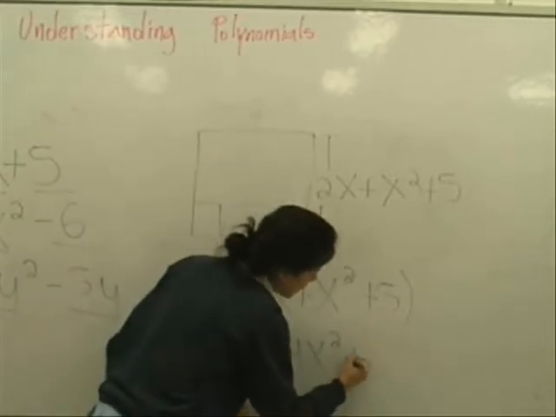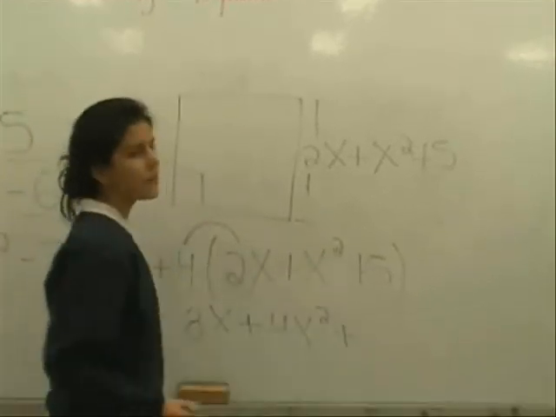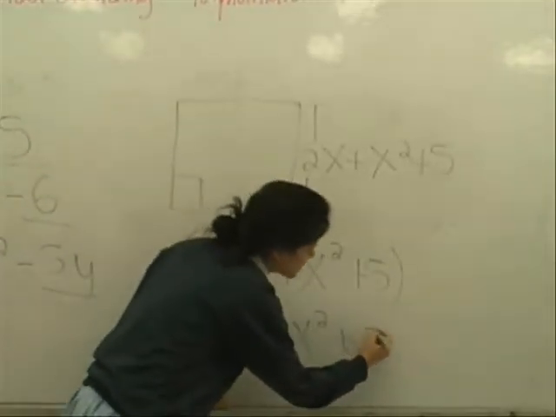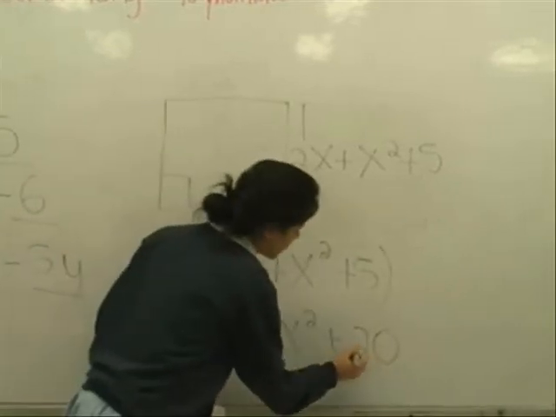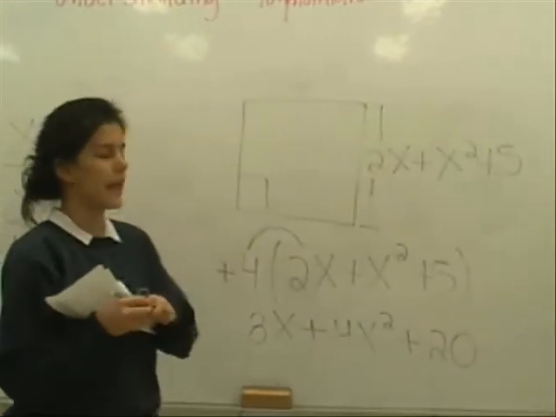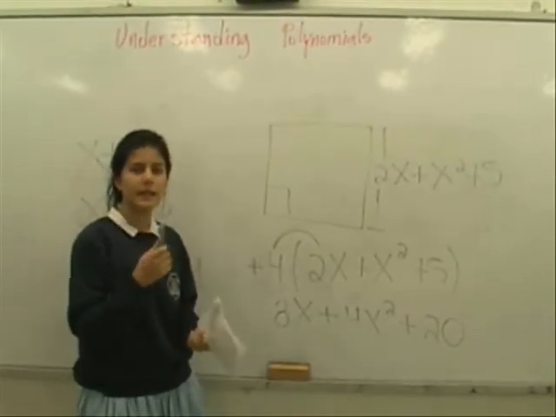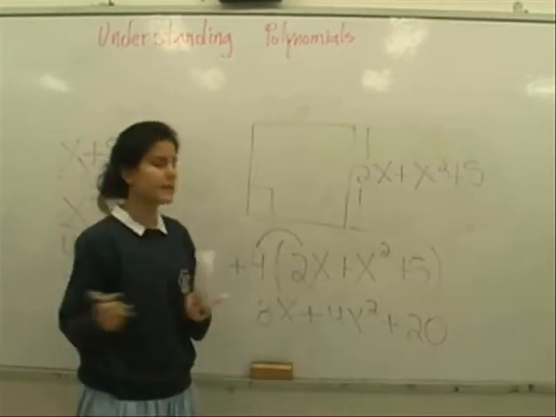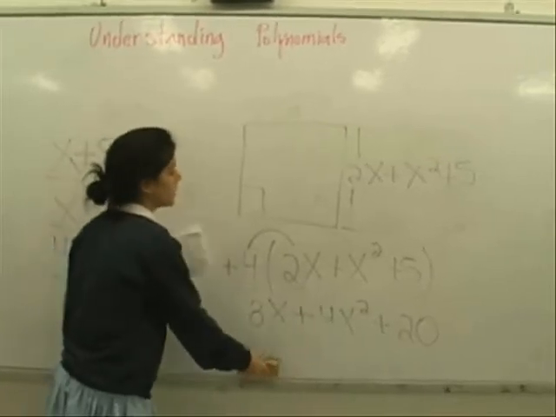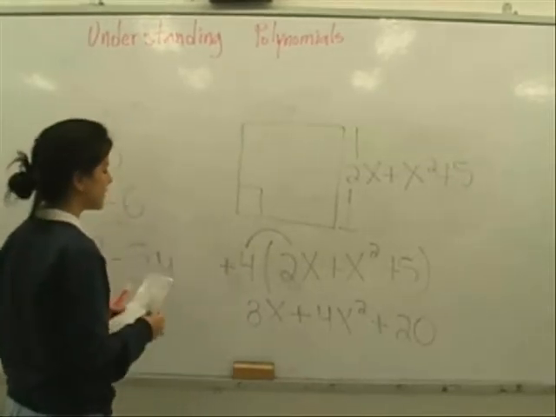We put the plus sign, and 4 times 5 is 20. So we have the answer. But I just told you that polynomials are written in descending order. So we are going to write this polynomial in descending order so that the answer will be correct.